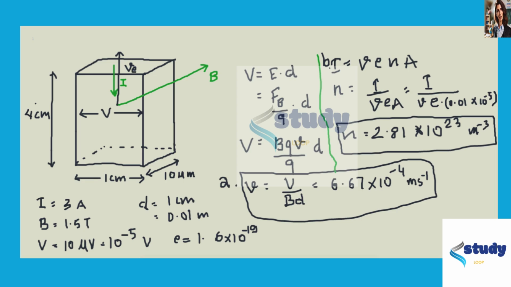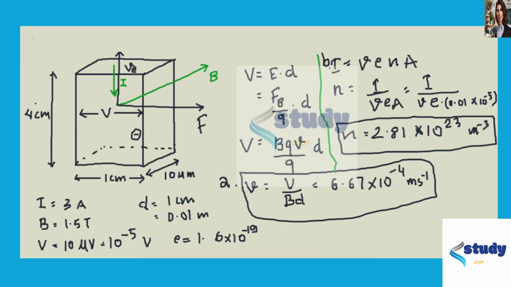Now if you use the right hand rule, if the charge carriers were positive, they would experience force on the left hand side, and if they are negative, they would experience the force on the right hand side. Since they are electrons here, the force will be along this side.